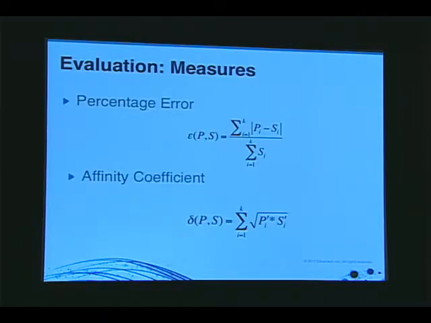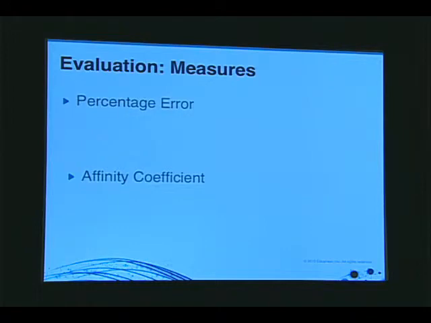So again, let's get rid of the formulas. So for evaluation, to actually investigate how accurate our histograms are, we did two evaluation measures. Affinity coefficient, it's the same as Gamma and Pinto used in their paper.